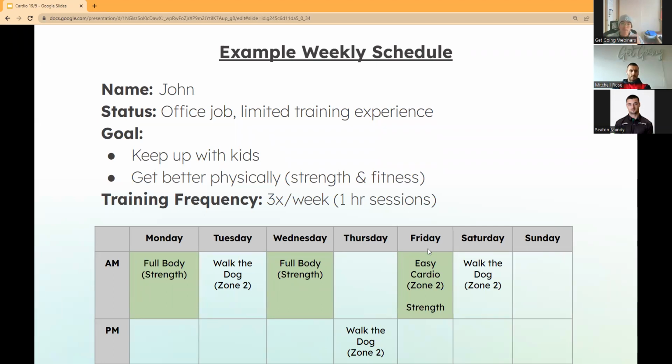You can get away with doing these two back to back within one session, because it won't affect too much given that it's relatively low intensity. And you might progress this person continually by gradually introducing more formal cardio sessions or increasing the walk duration or intensity of the walk. Keep it simple for them.